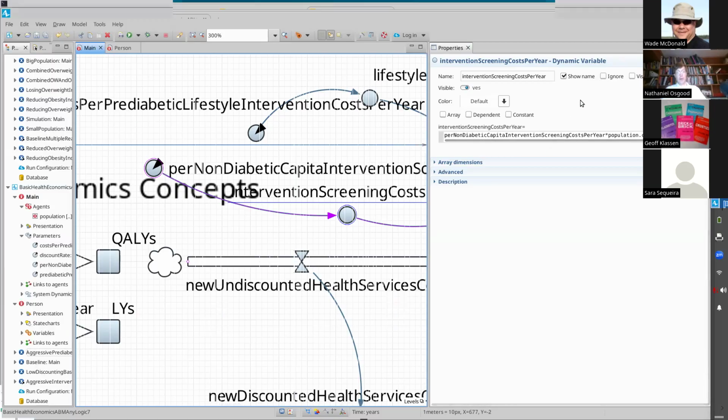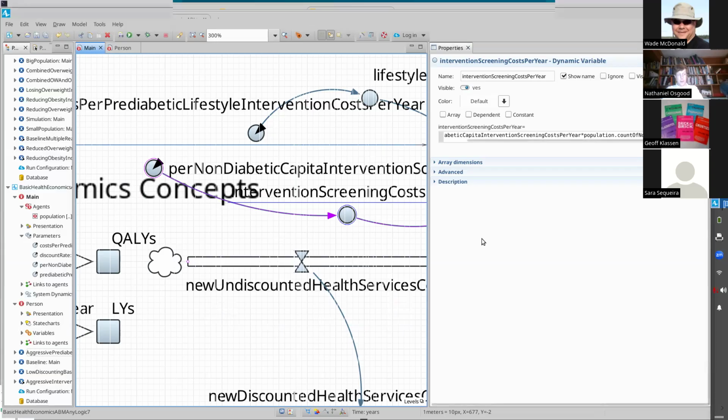Maybe they have to screen all non-diabetics. The idea being that we will know who to treat as diagnosed diabetics. I'm kind of glossing over that distinction here. So we have a count of non-diabetics that we need to screen, and then we have the cost per year for each of them of screening.